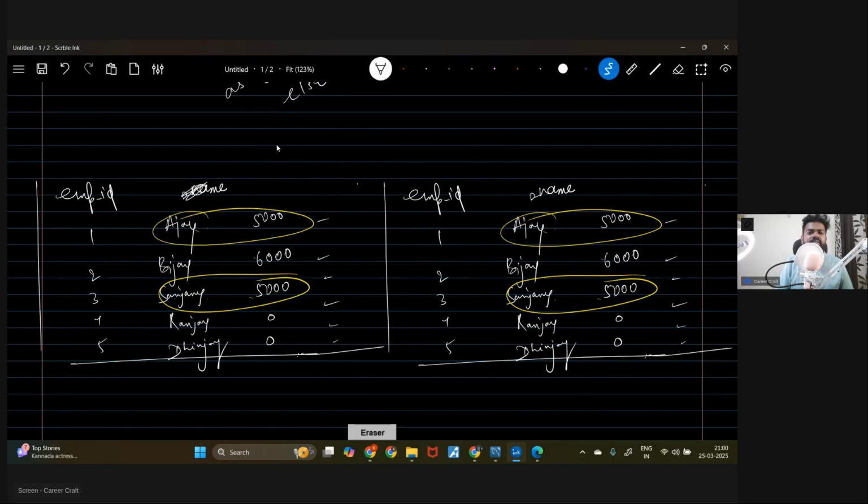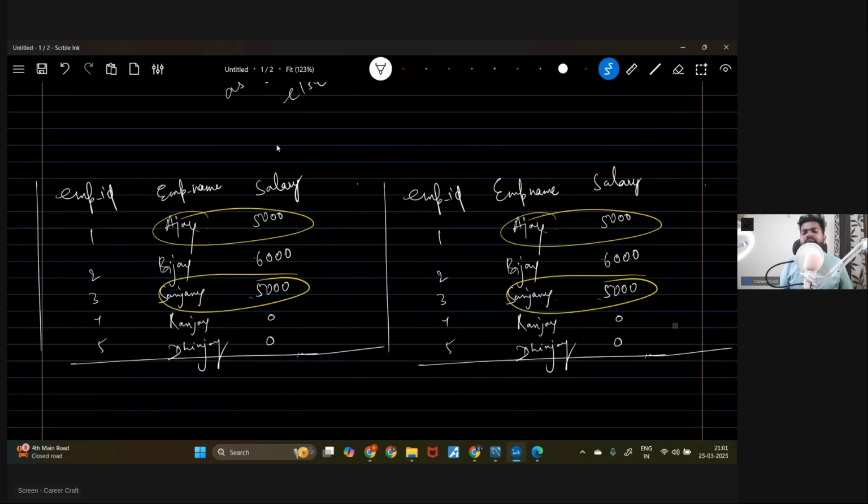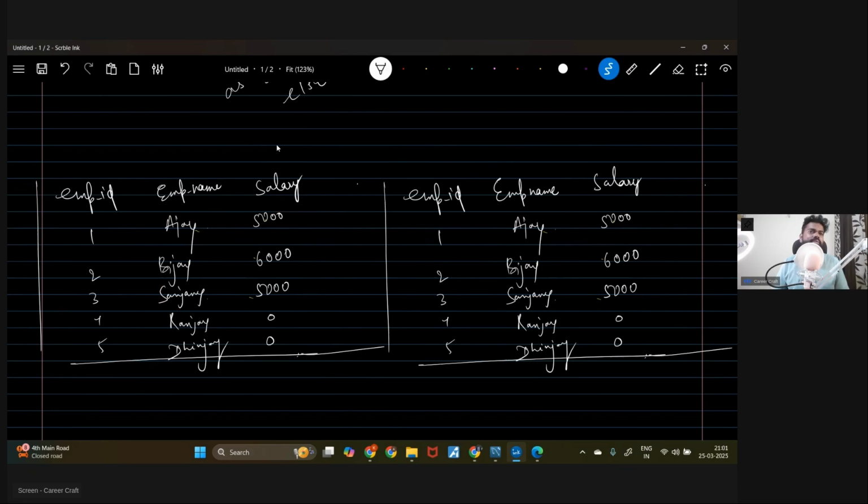See it, it's very easy. Employee name, salary, and similarly here, employee name and salary. Now assume that I join both the tables with each other. Can I do that? Just join both the tables with each other.